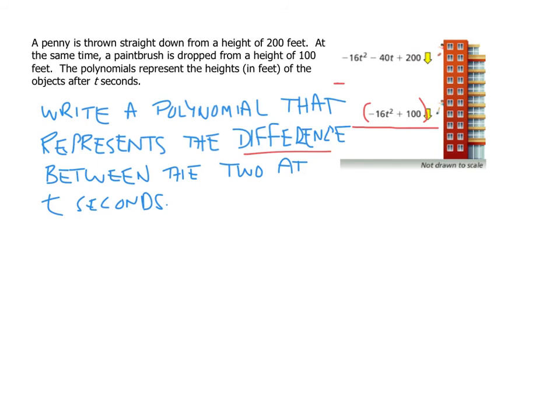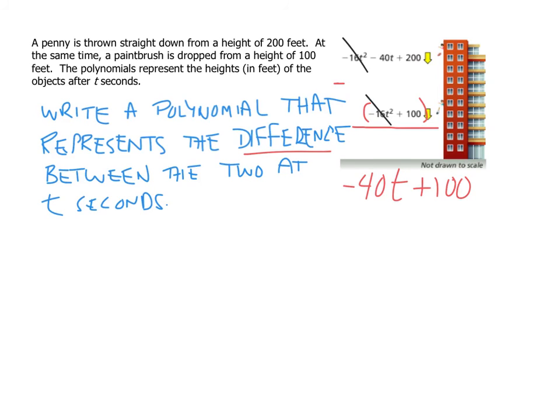That basically eliminates itself. Then negative 40t minus nothing would leave me negative 40t. And 200 minus 100, I would get plus 100.